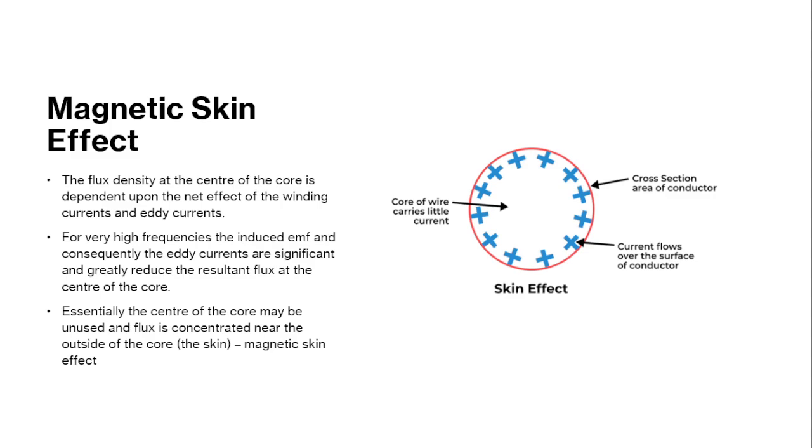Then you have your magnetic skin effect. Take a read. It's basically telling you that the current will bulk up close to the surface of the material, and the inside will have less. The density will be strongest at the surface and less dense in the center.